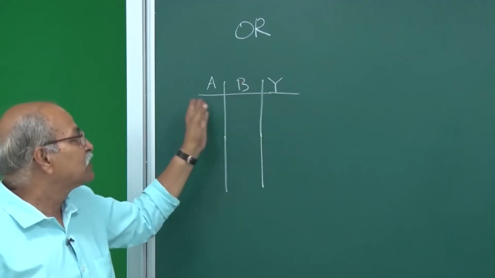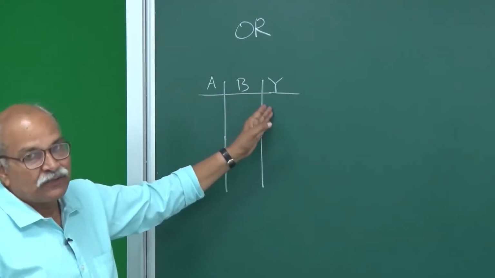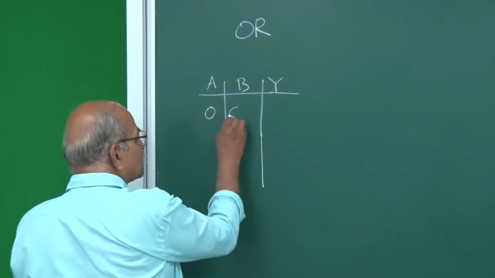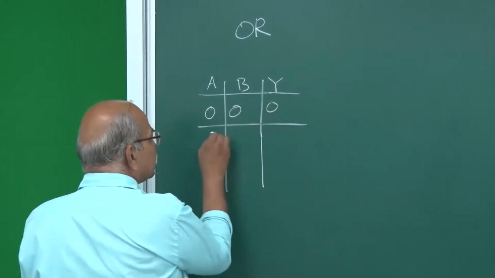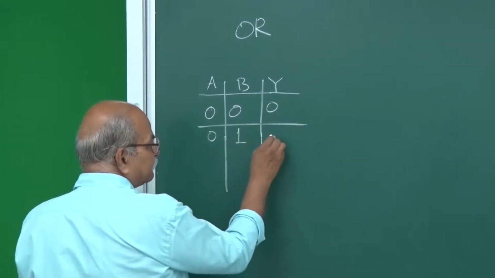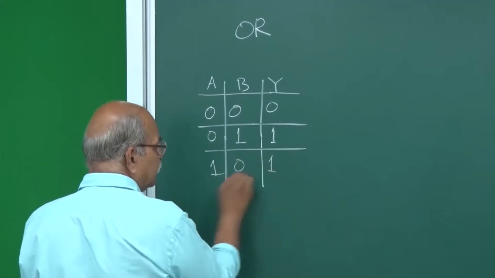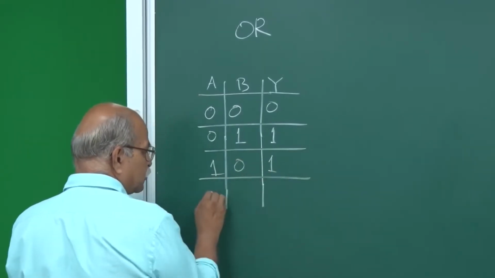Only if both the inputs are 0, the output will be 0, otherwise it should be high. So that is called OR. 0, 0 should give me 0, but then 0, 1 should give me 1, and 1, 0 should give me 1, and 1, 1 should give me 1.